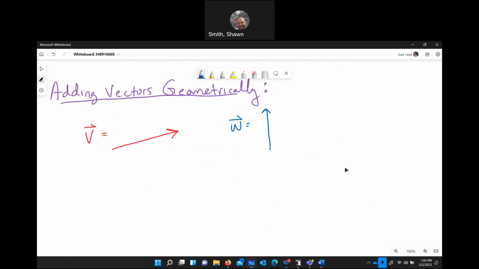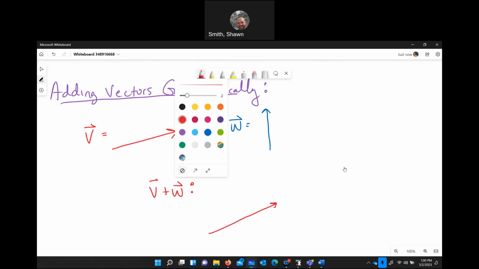If you want to add two vectors together, there's a couple of different methods. You can take vector V and at the end of vector V, attach vector W. So V plus W would be vector V like this, and then I attach vector W to the endpoint in the same direction.